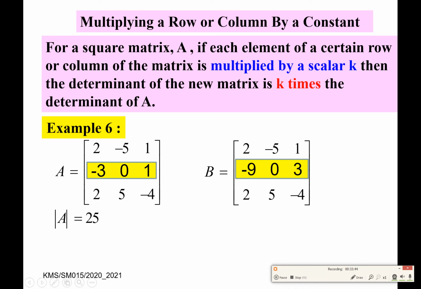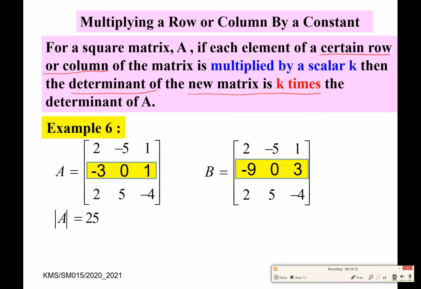For a square matrix A, if each element of a certain row is multiplied by a scalar k, then the determinant of the new matrix is k times the determinant of A. The certain row can be the first row, third row, first column, second column, or third column, at least one.